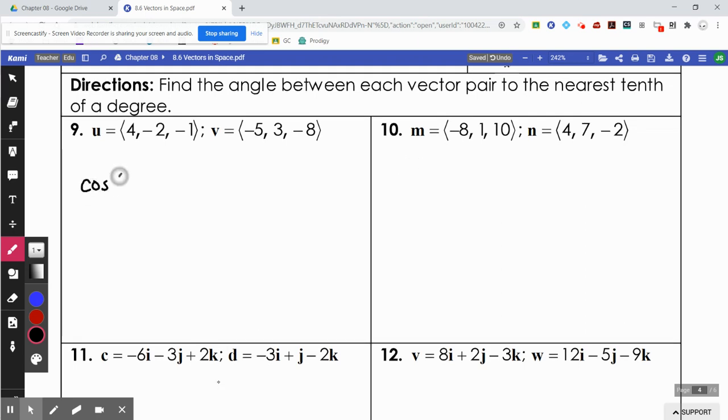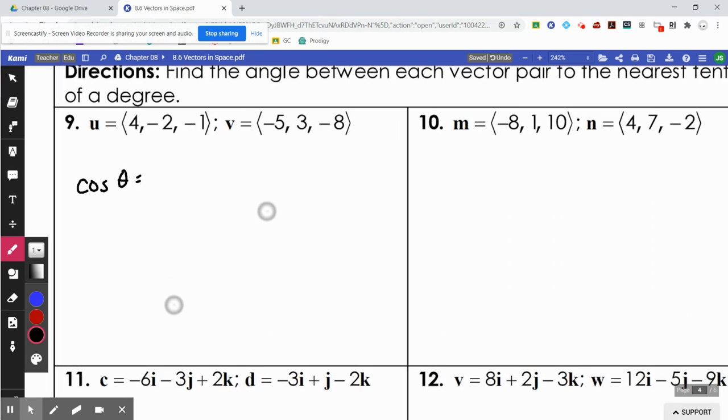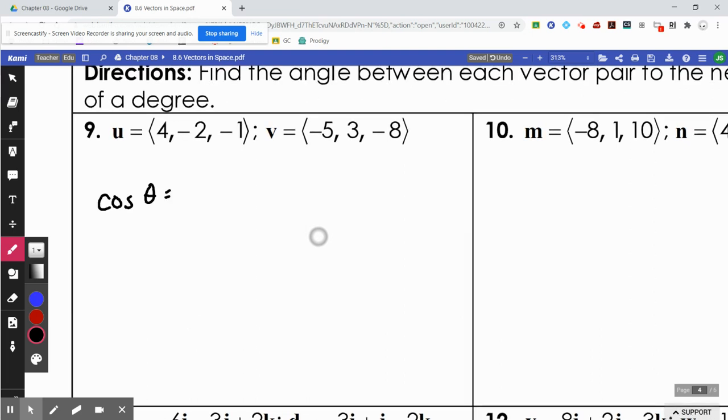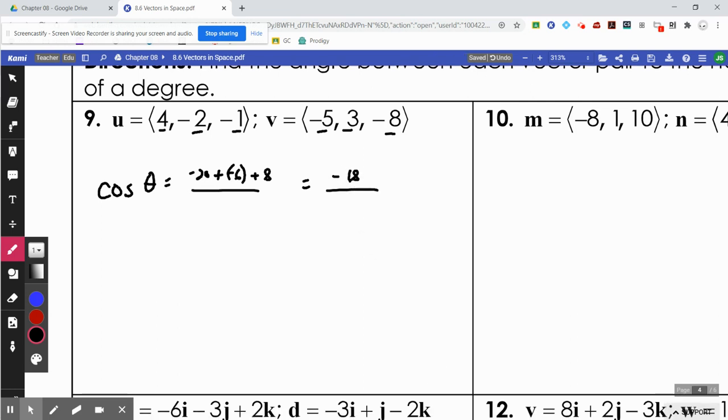So the cosine of theta, the cosine of the angle between these two vectors, is equal to, first off on top, we've got to find the dot product. That'll be negative 20 plus negative 6 plus 8. And that is equal to negative 26 plus 8, which is negative 18 on top, over the magnitude of u.